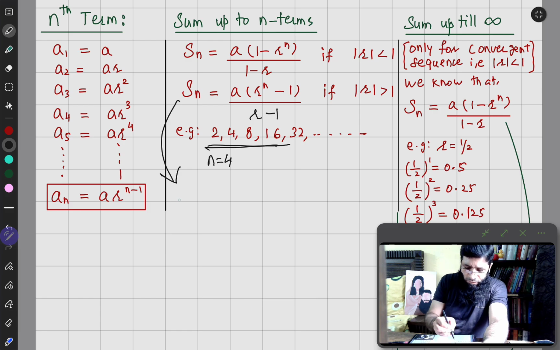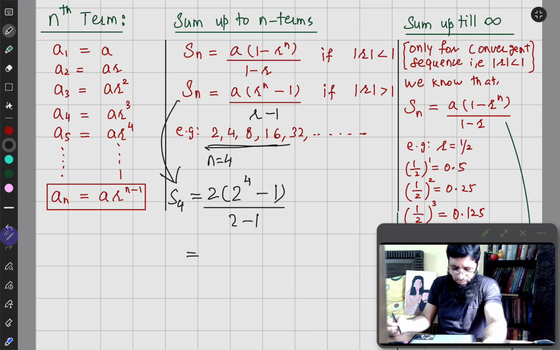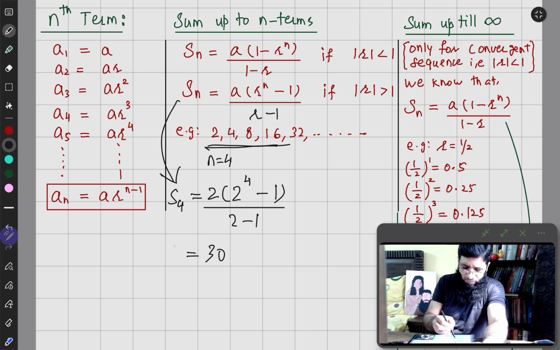All right, now we are adding the first 4 terms. a is the first term, which will be equal to 2, and r will be 2 in this case. n is 4 because you are adding the first 4 terms, divided by 2 minus 1, and r is 2, so you will have 2 minus 1. 2 to the power 4 is 16, 16 minus 1 is 15, and 15 twos are 30.